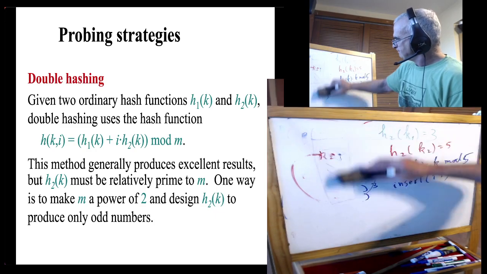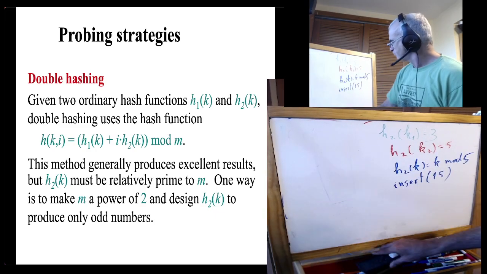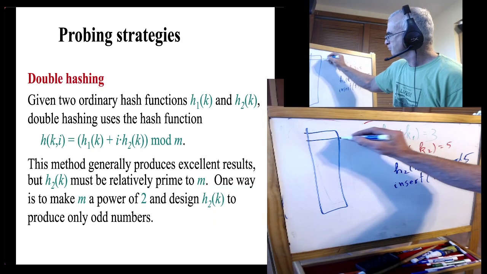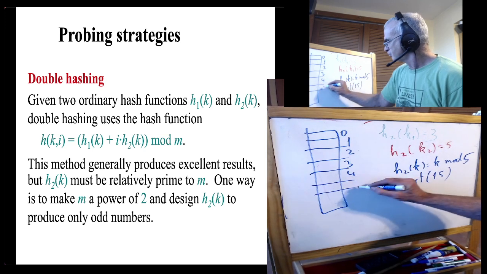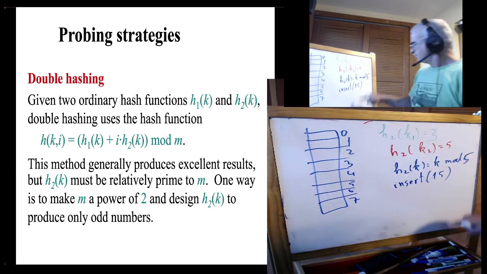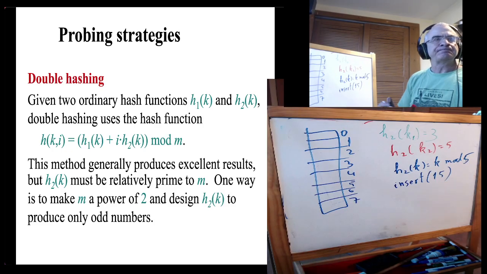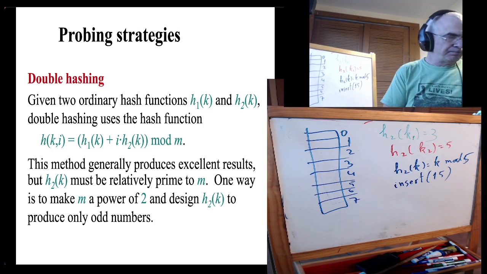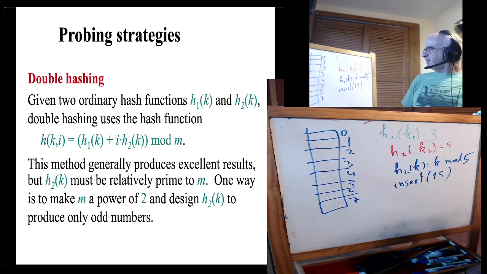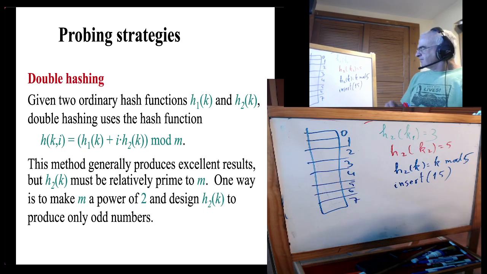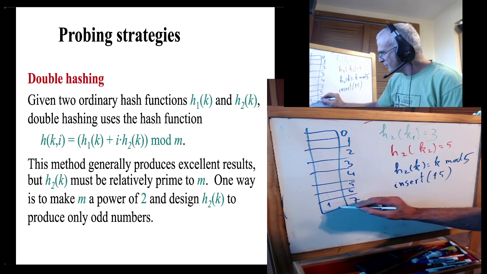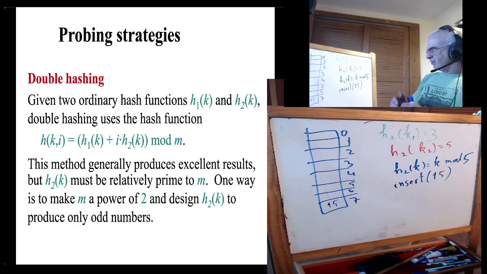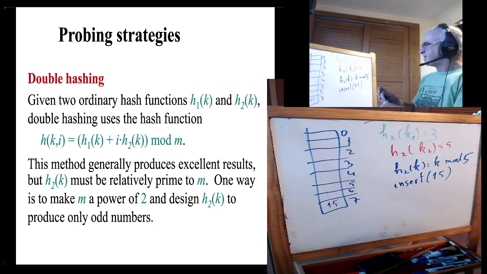Let's rewrite this table. And I'm asking you to insert 15. 15 modulo 8 should be 7, right? So here goes 15, to live right here.